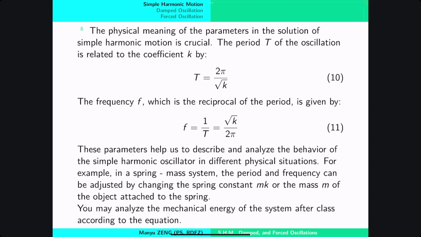So you may analyze the mechanical energy of the system after class. I put a proof that the mechanical energy is constant at the end of the PowerPoint in the appendix part. You can look at these if you're interested.